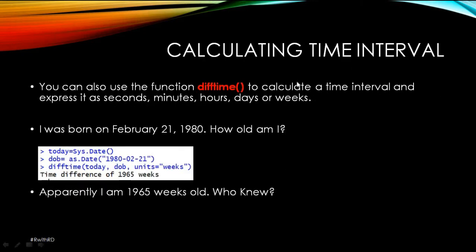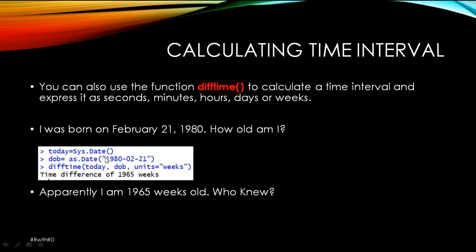Then for calculating a time interval, you can also use the function difftime, that is difference time, to calculate a time interval and express it as seconds, minutes, hours, days, or weeks. Fine. As I told you, I was born on 21st February 1980, so how old am I?